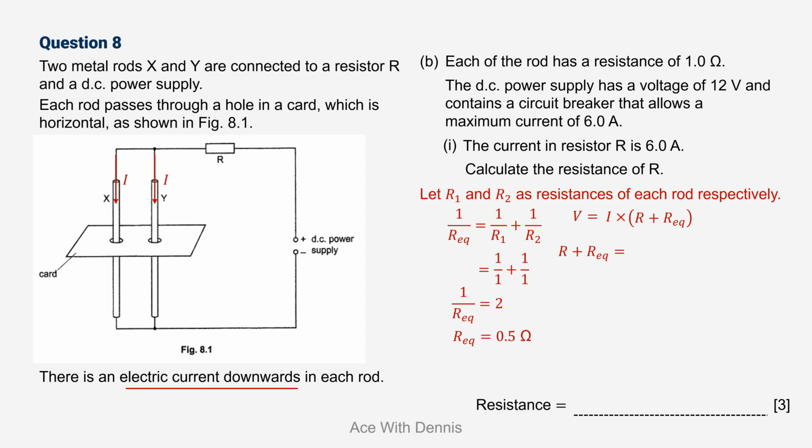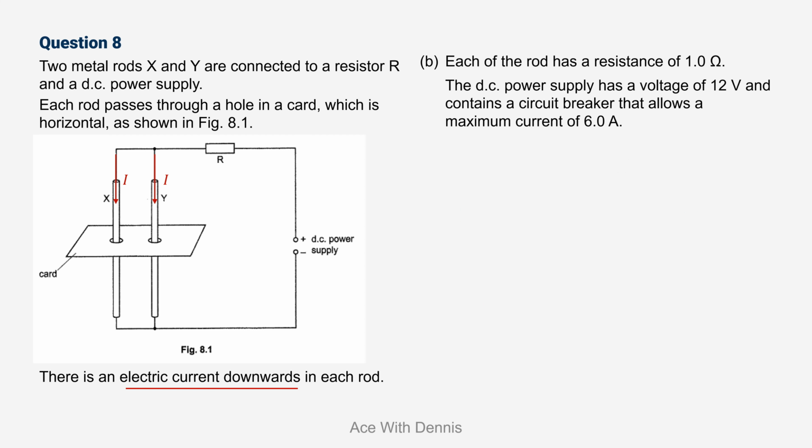It will be equal to V over I. Now to calculate R, it will be V over I minus R equivalent. And now we can substitute the values. V is 12 volts, I is 6, and R equivalent is 0.5. We get the R value as 1.5 ohms. Hence, 1.5 ohms is the answer.